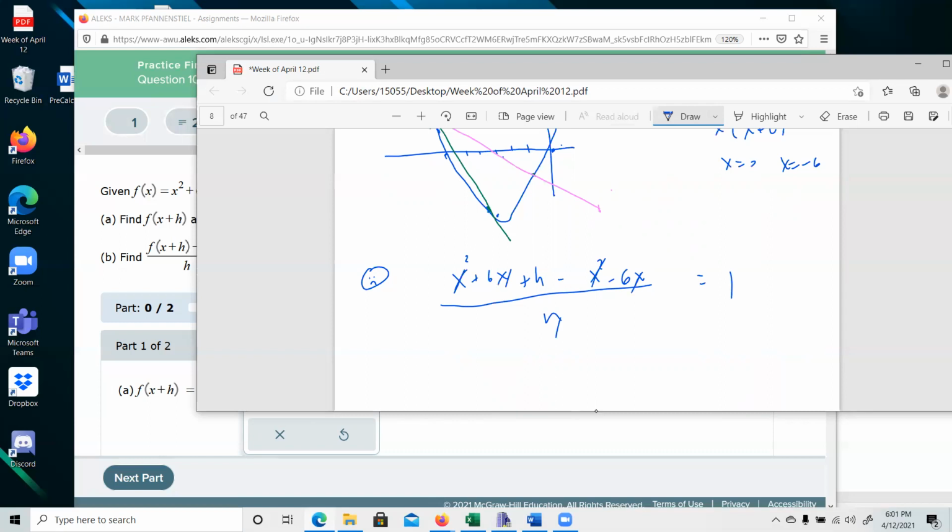There's only one class of functions that have a slope of 1, and that looks like y equals 1x plus an intercept. That wasn't our original problem, was it? No. And I am not going to give you this problem because it's too easy. So if you get an answer of 1, you screwed up. Go back and recheck everything because this is not the answer. So just be real careful about that.